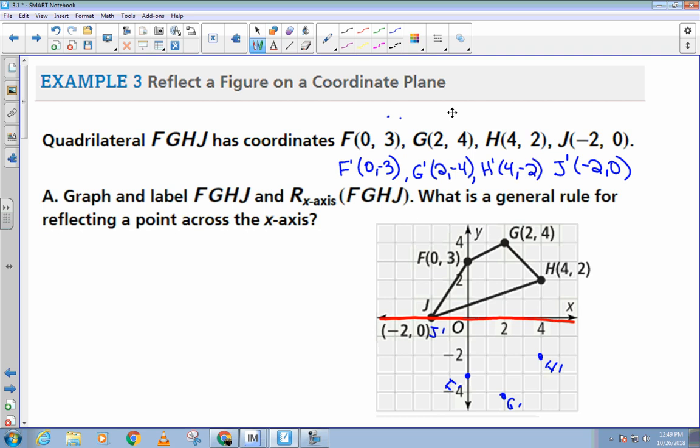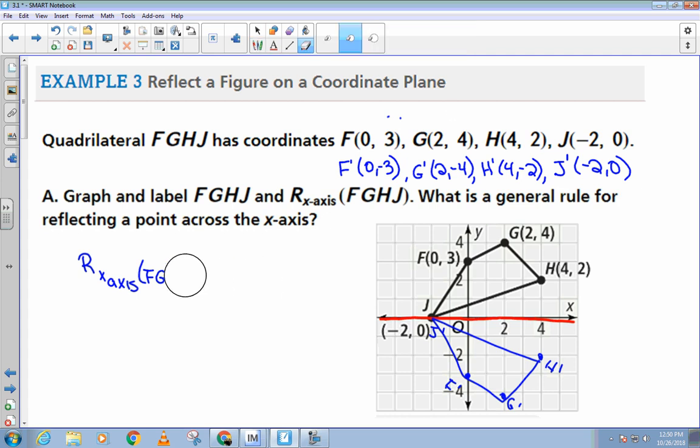Okay? So it looks like, go ahead and draw it. We reflected over the x-axis, right? So, if we reflect over the x-axis, we're doing F, G, H, J. Then it is, let's just put x, y, that'll be easier.